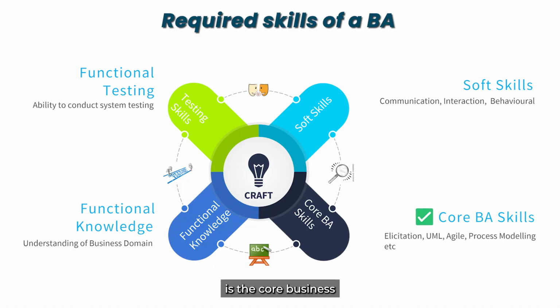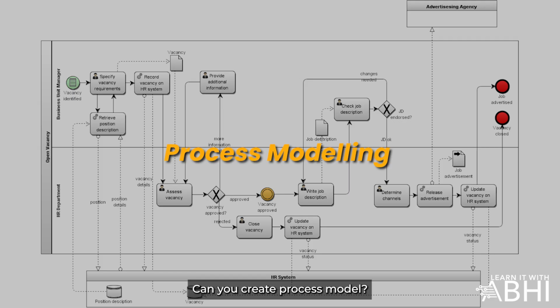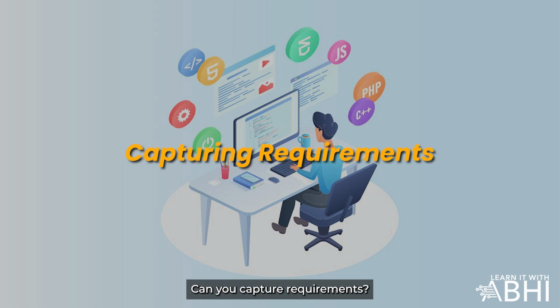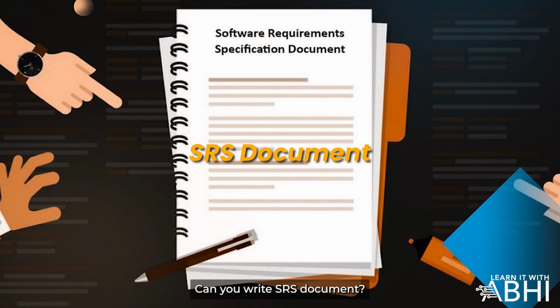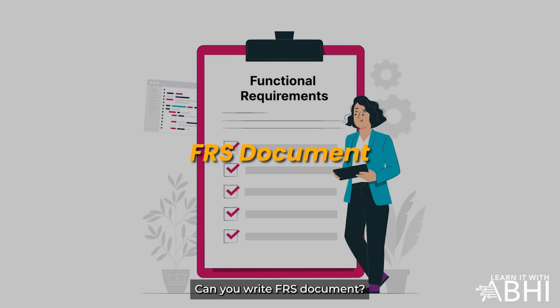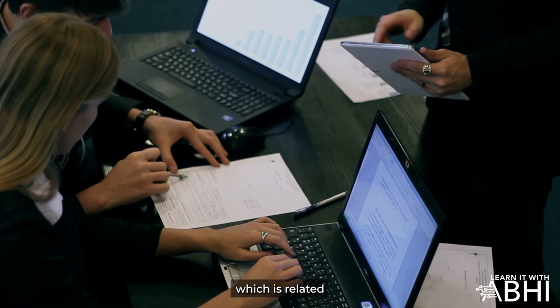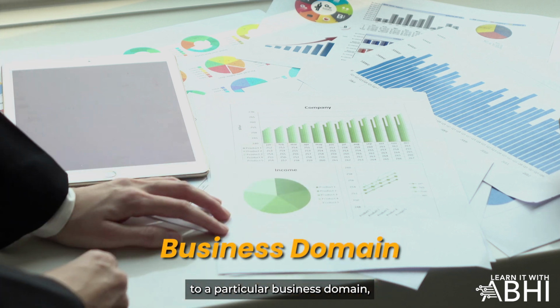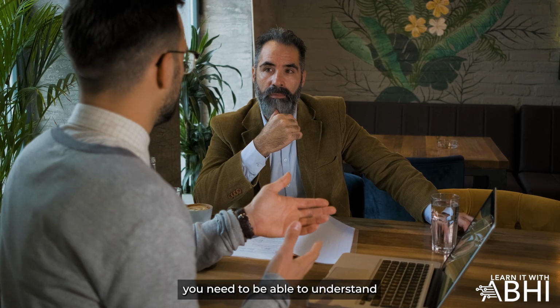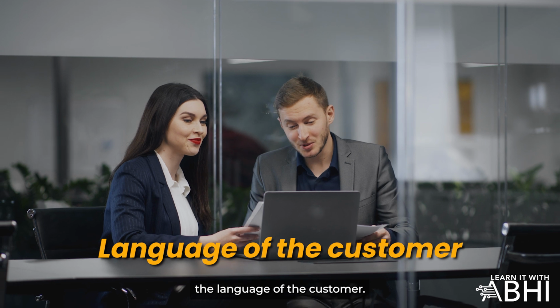Second is the core business analysis skills: can you create prototypes, create process models, capture requirements, write an SRS document, write an FRS document. Third is functional knowledge. If you work on a project related to a particular business domain, you need to understand the language of the customer.